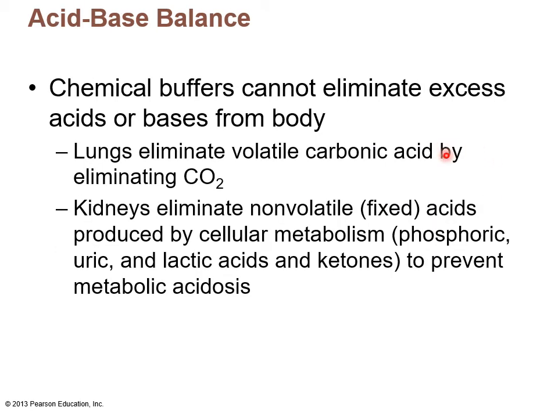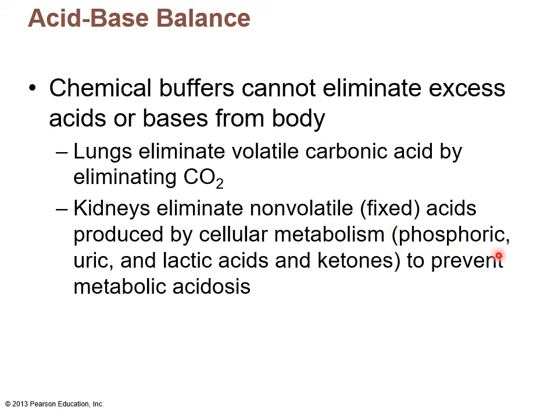So chemical buffers cannot eliminate excess acids or bases from the body, but they bind them up. Lungs eliminate carbonic acid by eliminating CO2. Kidneys eliminate non-volatile or fixed acids produced by cellular metabolism.